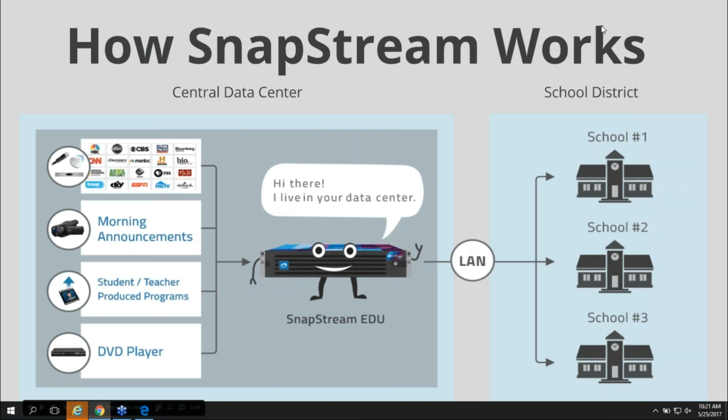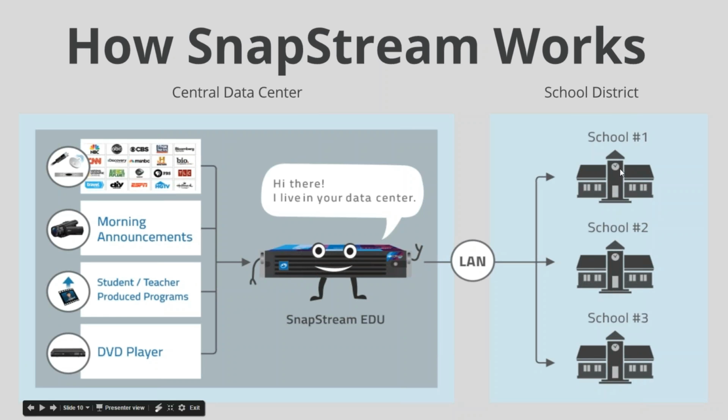And the idea is that you have one SnapStream EDU for your district, and then all the schools in your district can access through a very simple program guide. Simplicity is a big part of how we deliver on our promise as a company to K through 12, but they can really easily access all those channels live or recorded, multicast, or unicast.